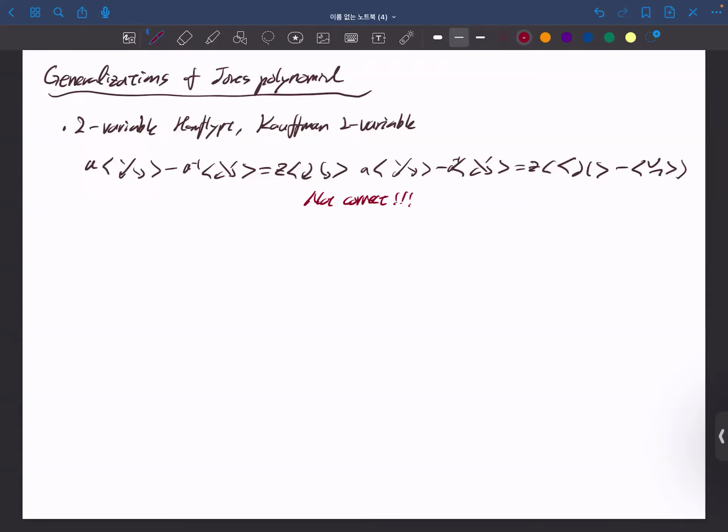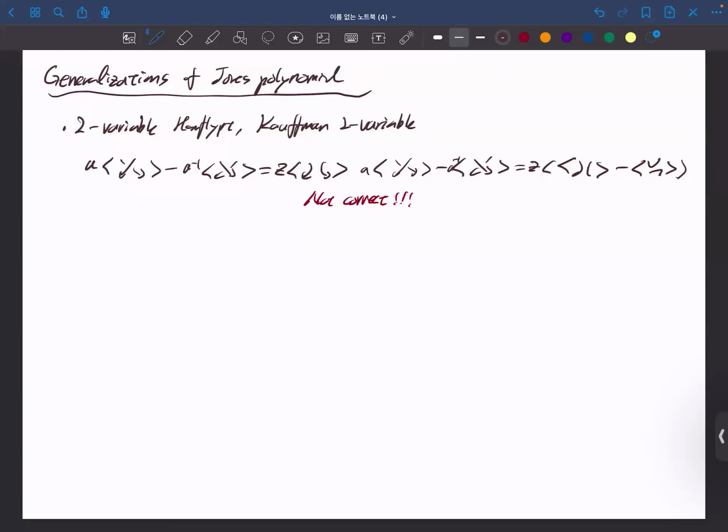Sorry, I forgot the exact formulas, but anyway, one way to generalize the Jones polynomial is to define polynomials with different equations.